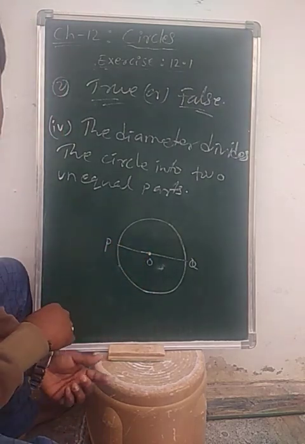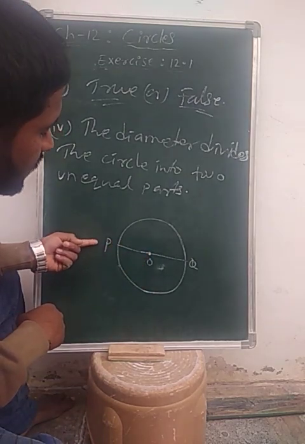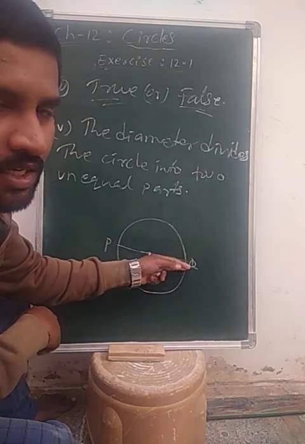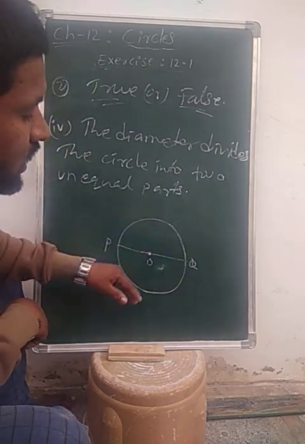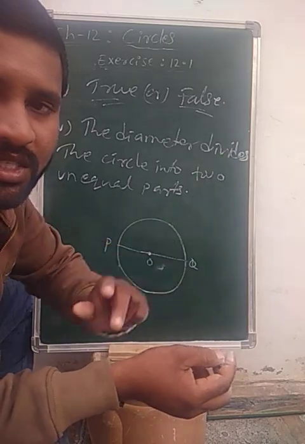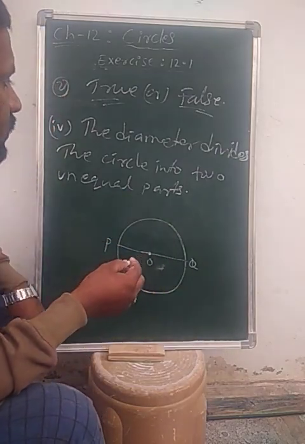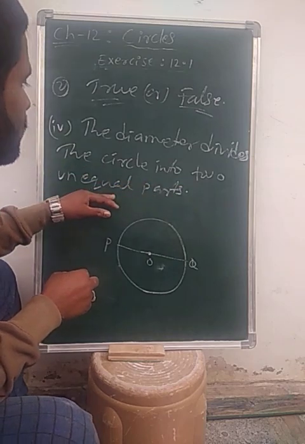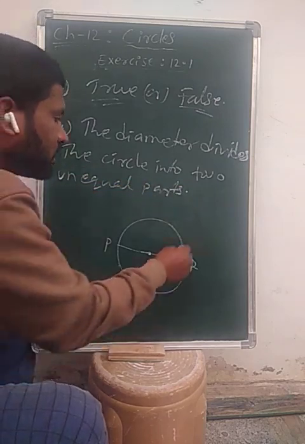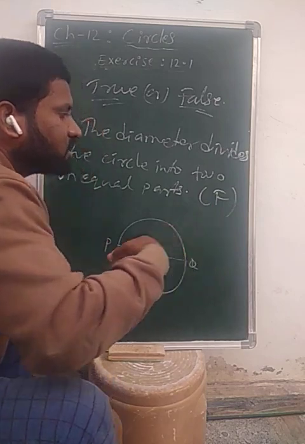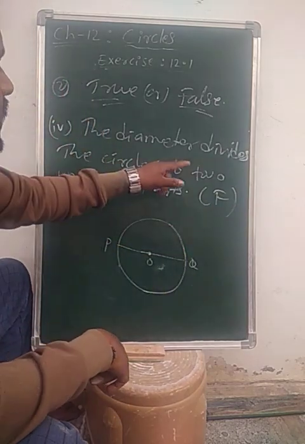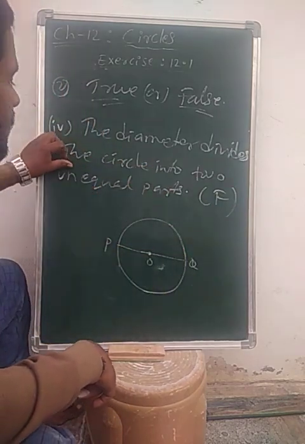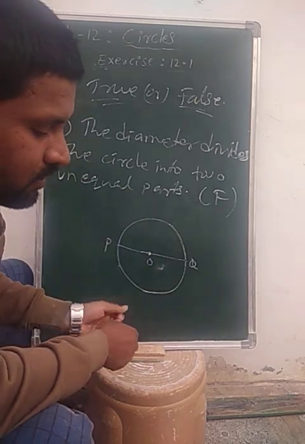Now see the figure. The diameter passes through the center of the circle, so it divides the circle into two semicircles. But the given statement says two unequal parts. So the given statement is false, because the diameter divides the circle into two equal parts is the right answer.